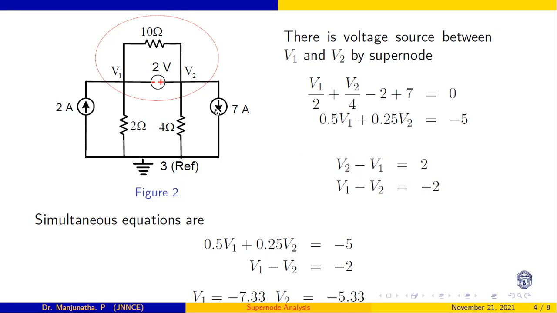So V2 minus V1 is equal to 2 volts, or V1 minus V2 is equal to minus 2 volts. These are the two simultaneous equations: 0.5 V1 plus 0.25 V2 is equal to minus 5, and V1 minus V2 is equal to minus 2. Solving these two equations, V1 is equal to minus 7.33 volts and V2 is equal to minus 0.533 volts.